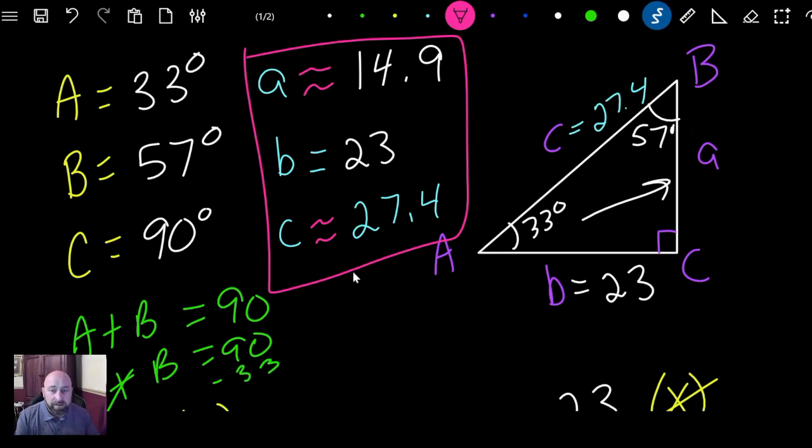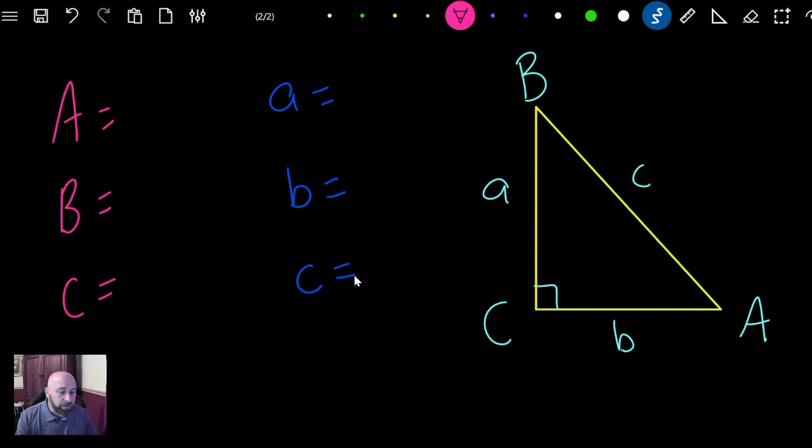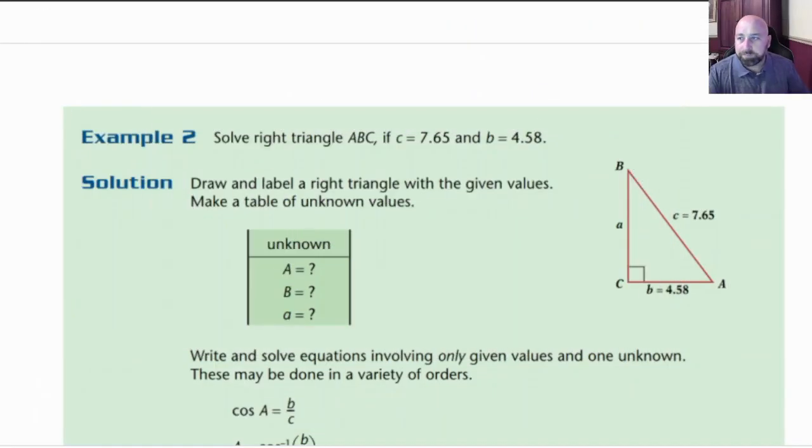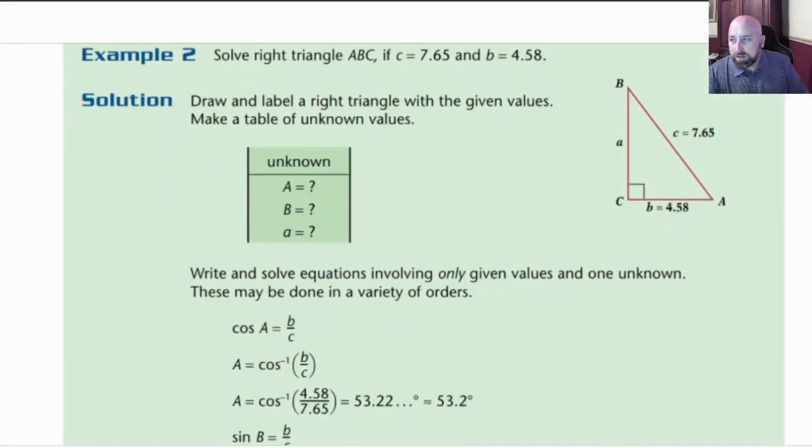All right. The next example, and I'm not going to take time to go through the whole thing, I'm just going to talk through it, is on page number 25. So let's look over there real quick. Solve this right triangle. We're going to do the same process, but it's going to look a little different, because this time they give you different information.